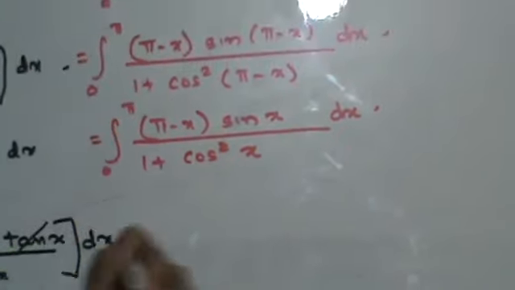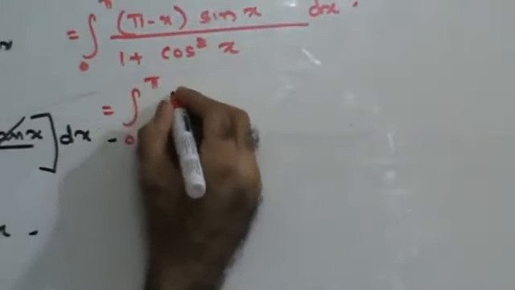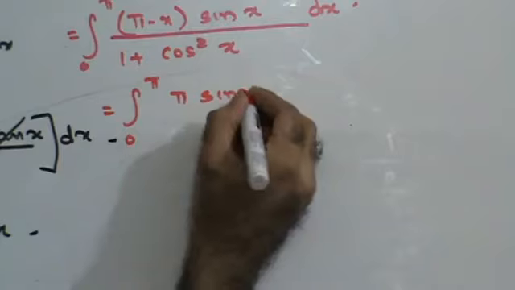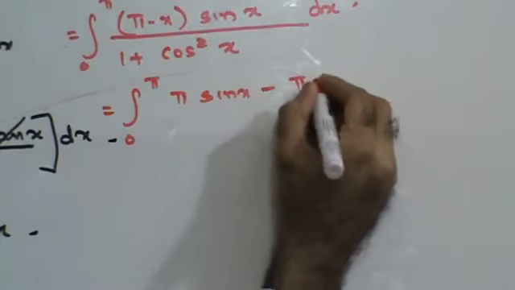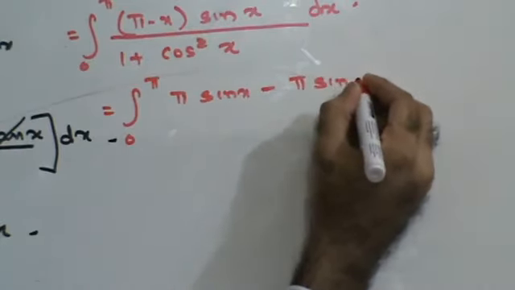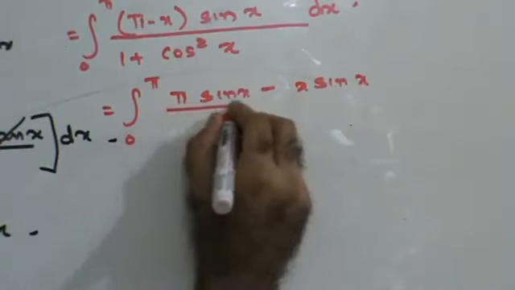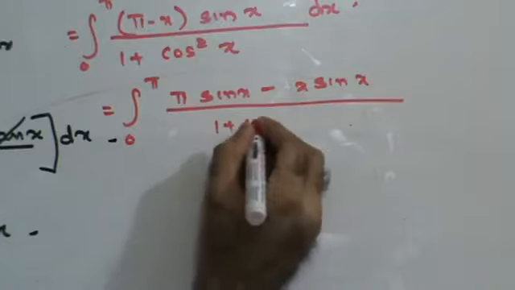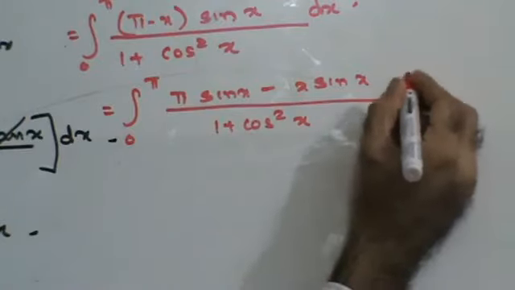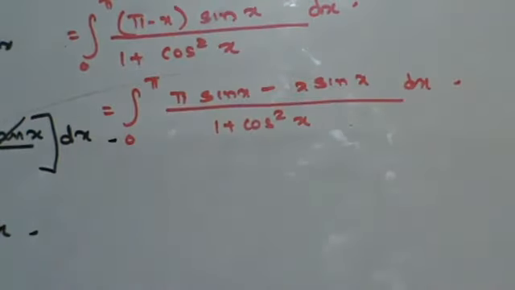Now split this up. This is integral of 0 to pi of pi sin x minus x sin x upon 1 plus cos square x dx, right?